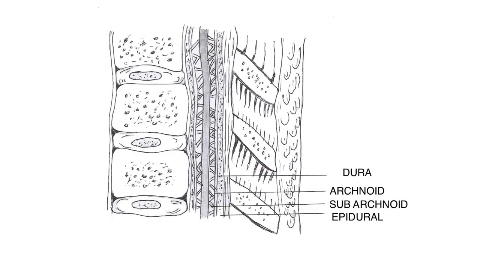You can see this is a cross section of the spine. There are three layers, that is dura mater, arachnoid mater and pia mater. Dura mater is the outermost layer. We are administering the anesthetic agent into the subarachnoid space in case of spinal anesthesia.